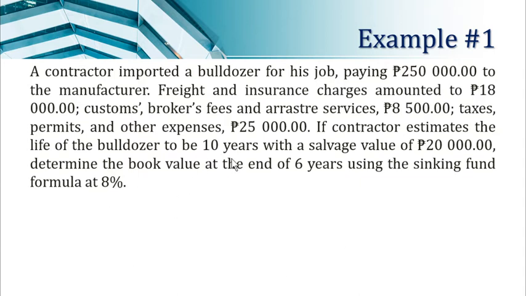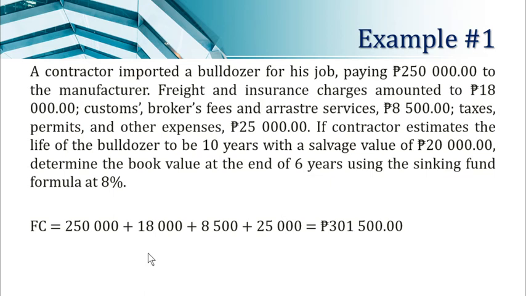Then we have 10 years na economic life or useful life ng bulldozer, then 20,000 na salvage value. Ang pinapahanap sa atin is at the end of 6 years. Ibig sabihin, yung M natin, yung letter M, is 6 years. Then yung letter N, yung useful life is 10 years. Okay, then interest of 8%.